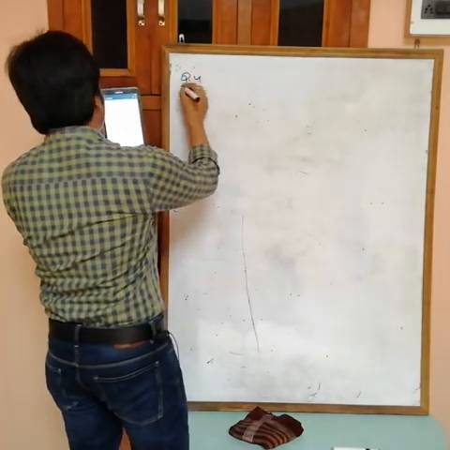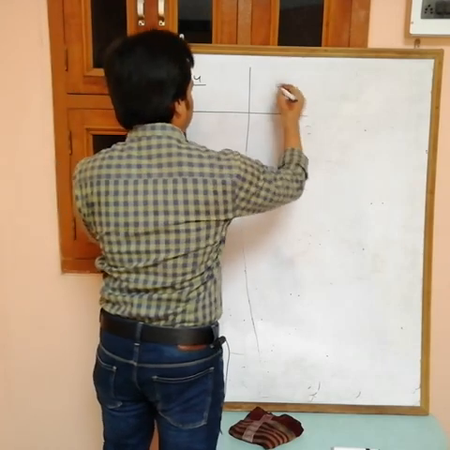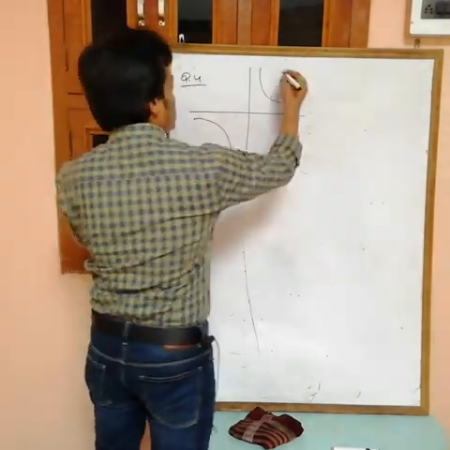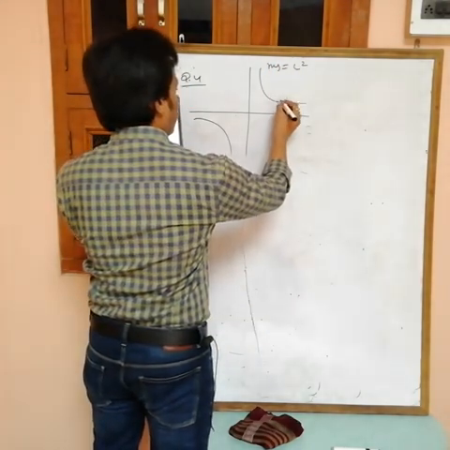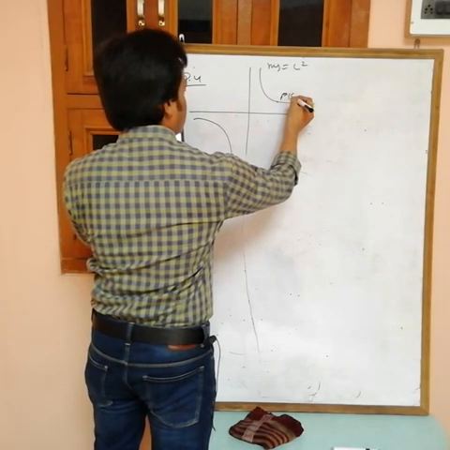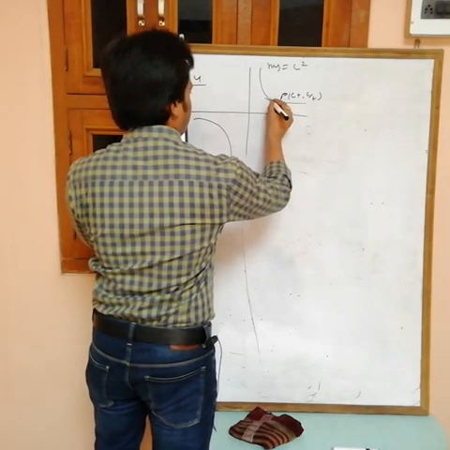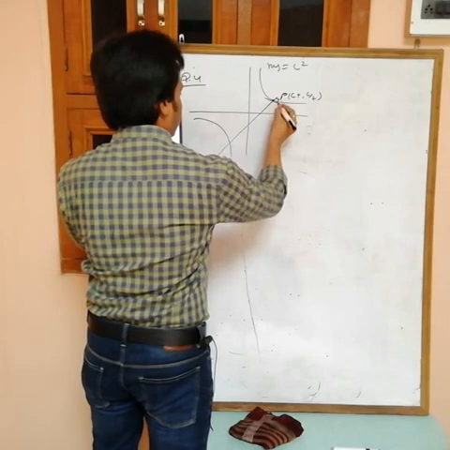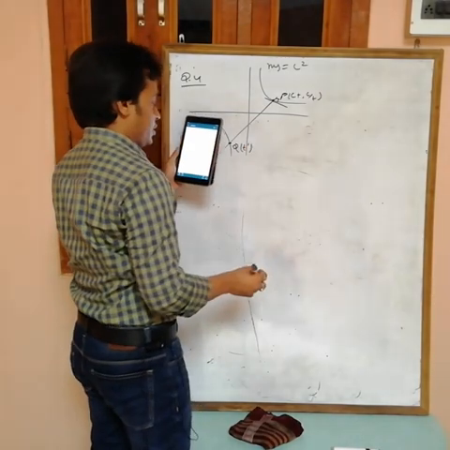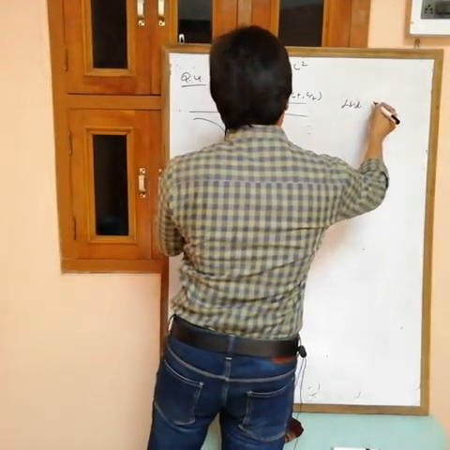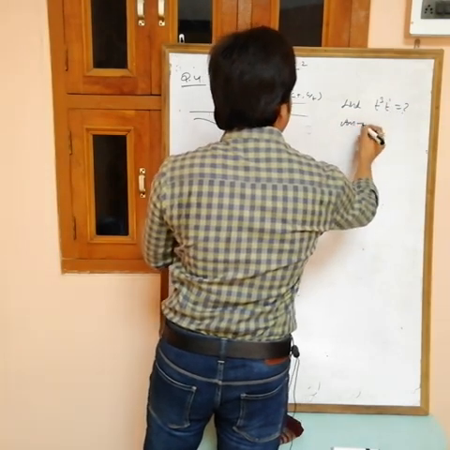Okay, next question number 4. The curve xy equals c square is given, and at any point P (ct, c/t), a normal is drawn which intersects the curve at Q whose parameter is t dash, and we want the value of t cube into t dash, and the answer is given as minus 1.